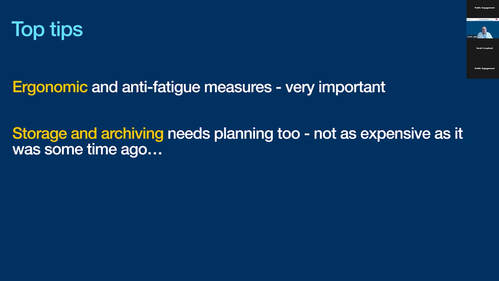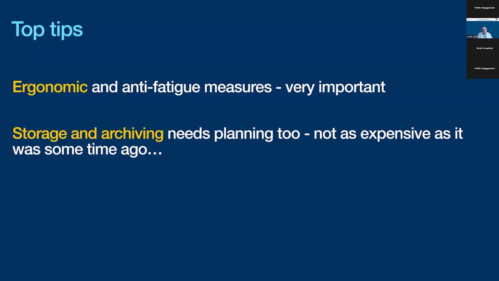One of the elephants in the room is storage and archiving. It needs a significant amount of planning, and don't believe every word they say to you. It is not as expensive as it was some time ago. And I used to say at the early beginning stages of digital pathology, it's not technology which made digital pathology available, but essentially the falling prices of storage.